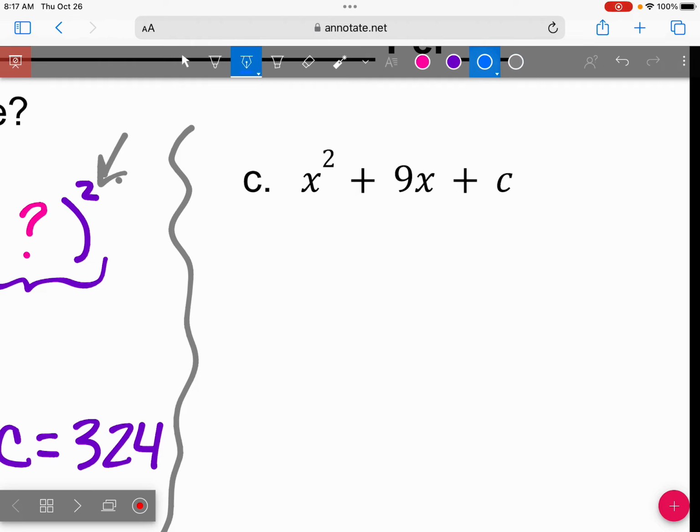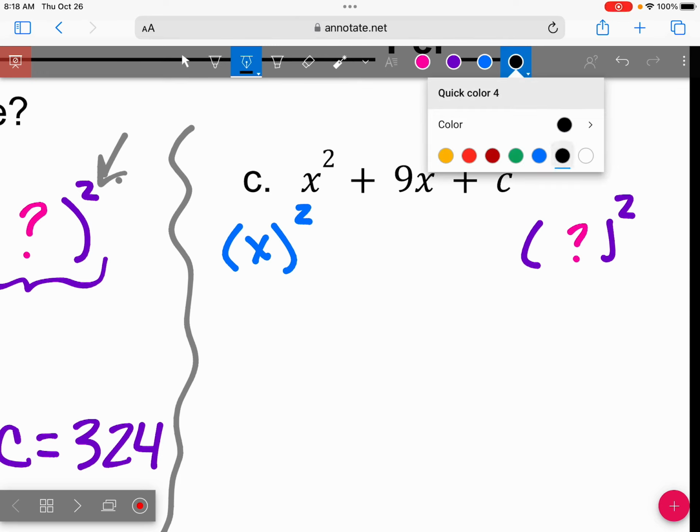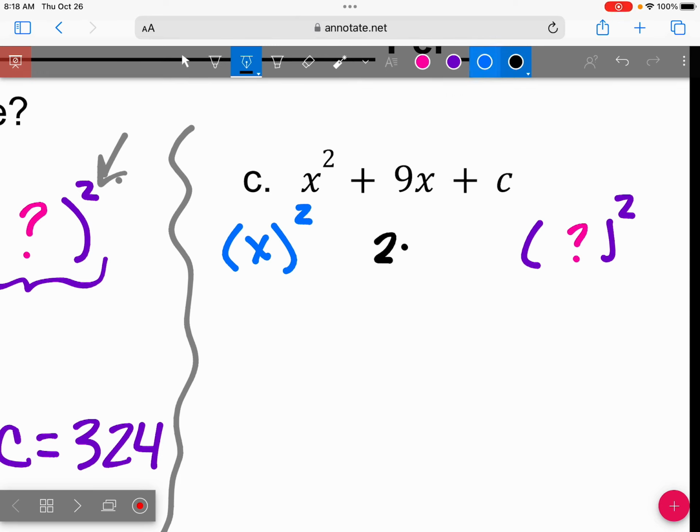So it's the same vibe on C. We know that the first term is x squared. C is going to be something squared. And 9 is 2 times x times question mark.